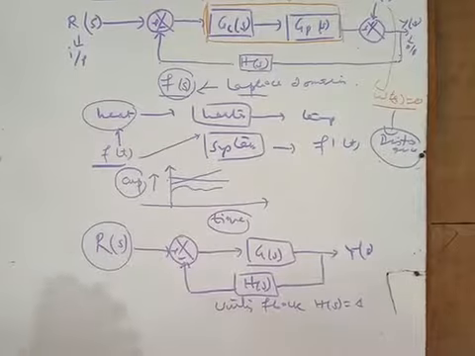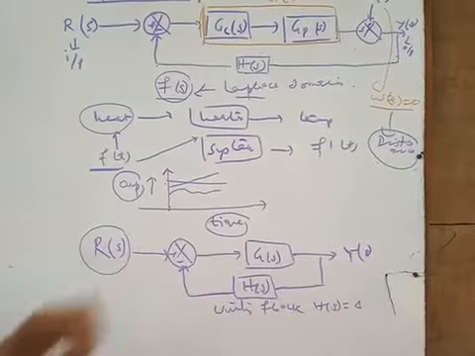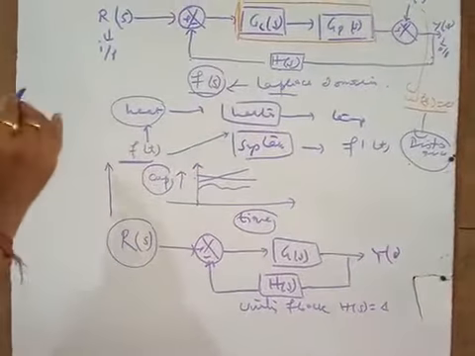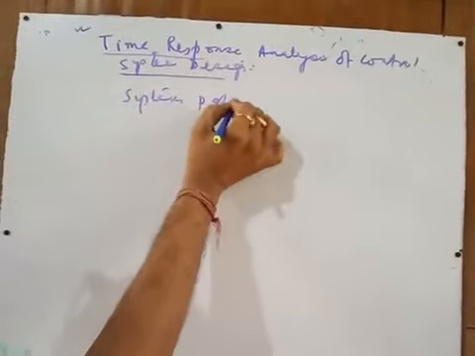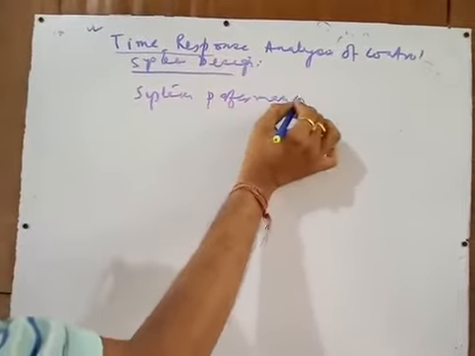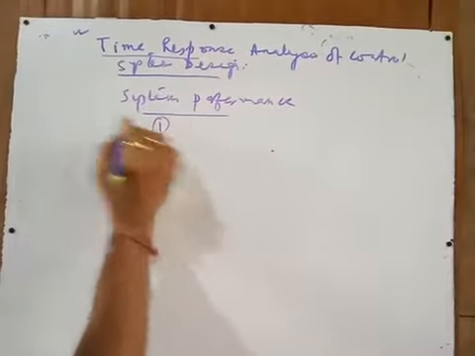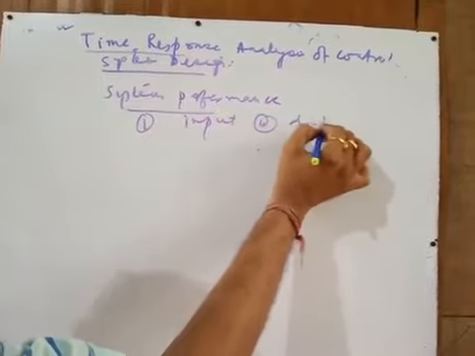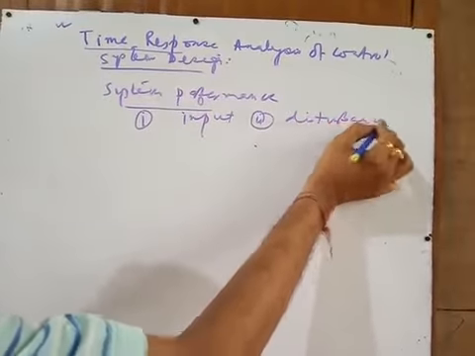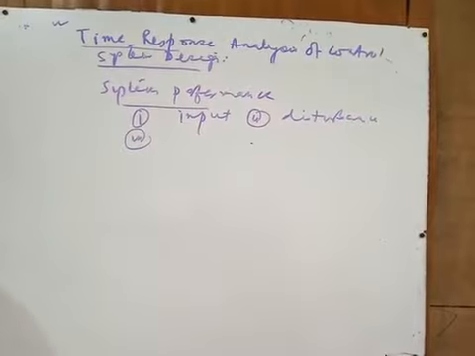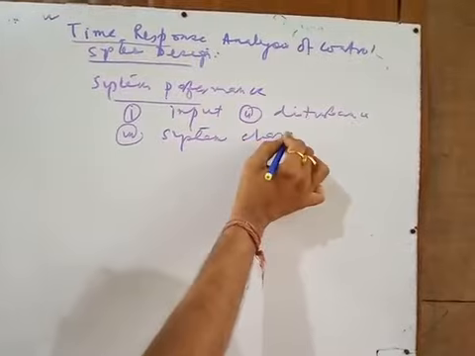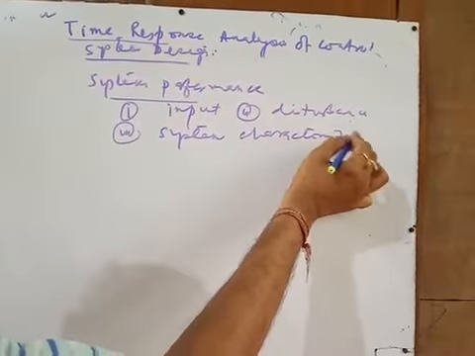So the system performance depends on factors like, number one, the nature of the input, number two, the disturbance, and number three, the system characteristics.